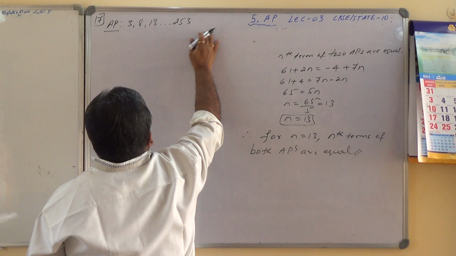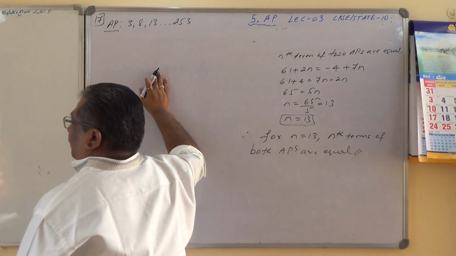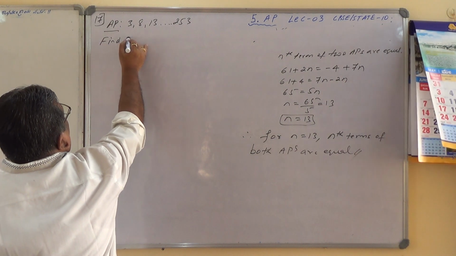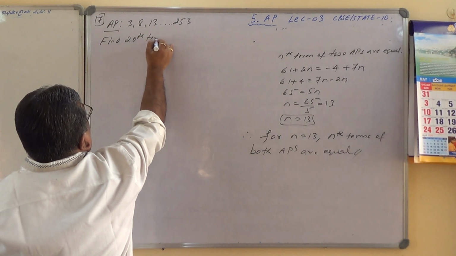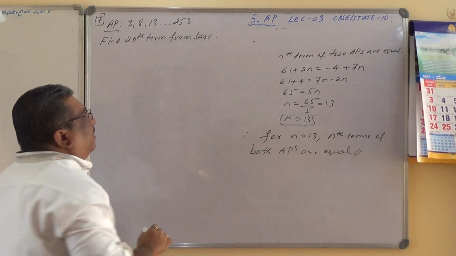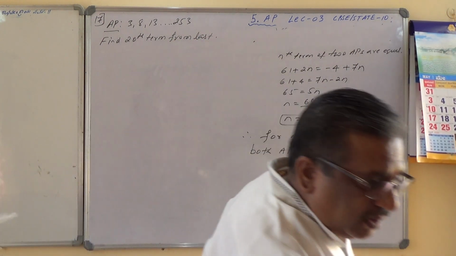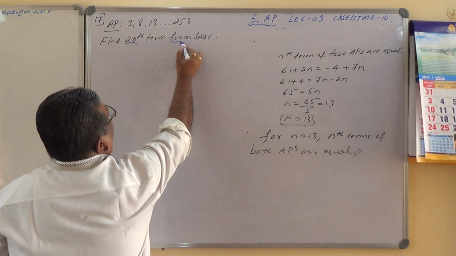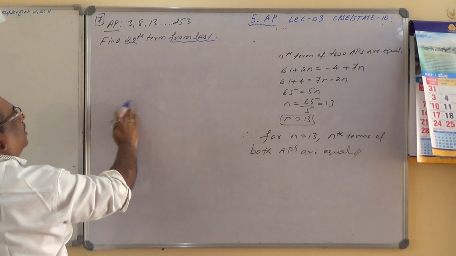To find the 20th term from the end, you must know the last term or the number of terms. Let me change the pen. Okay, now find the 20th term from the last, from the end.